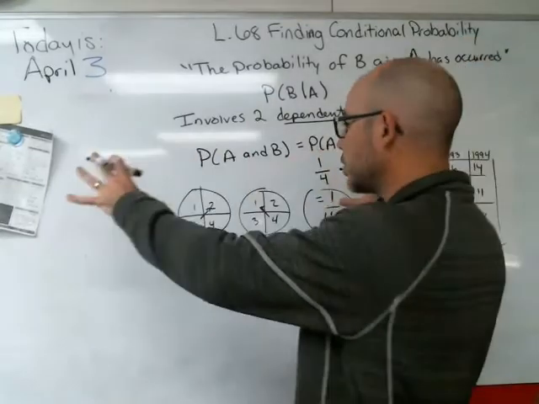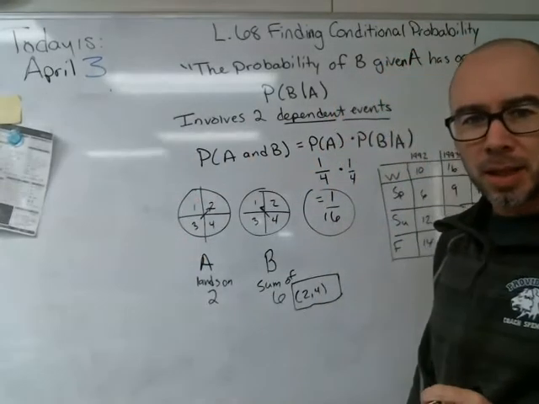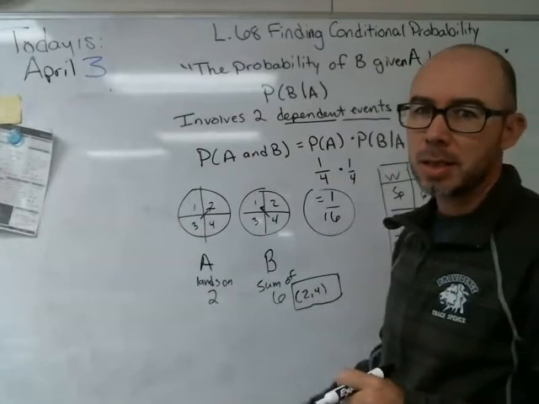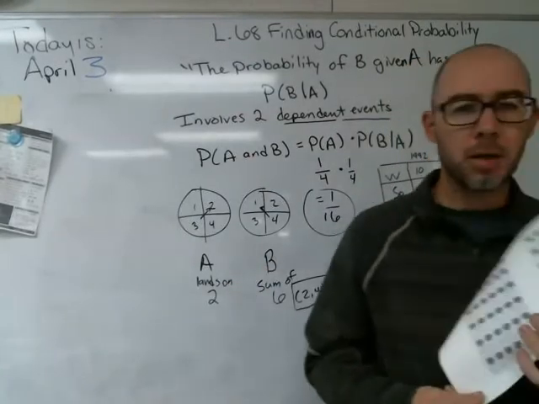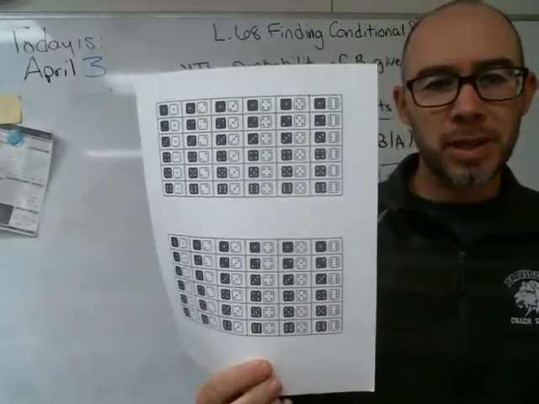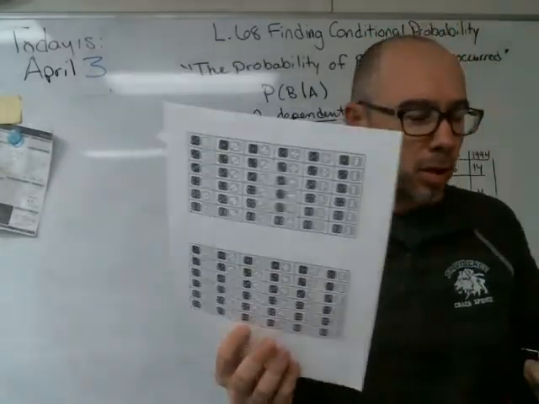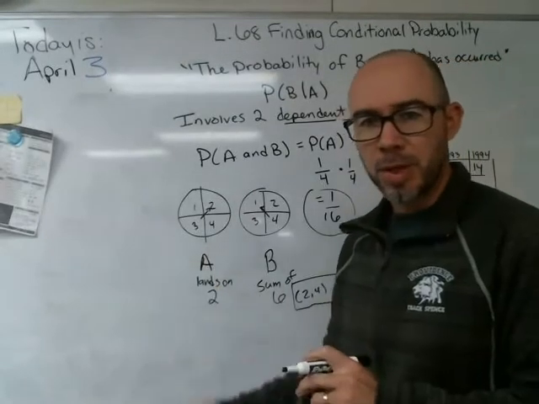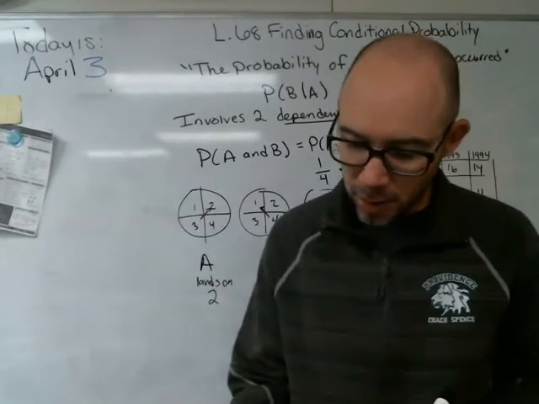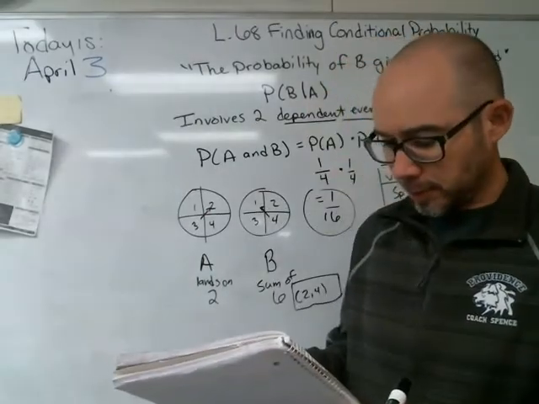Okay, they've got a big chart. I was like, man, that's a lot of thinking. Their chart is similar to the things that we have for rolling dice. It's just specific to a 4 slot spinner.